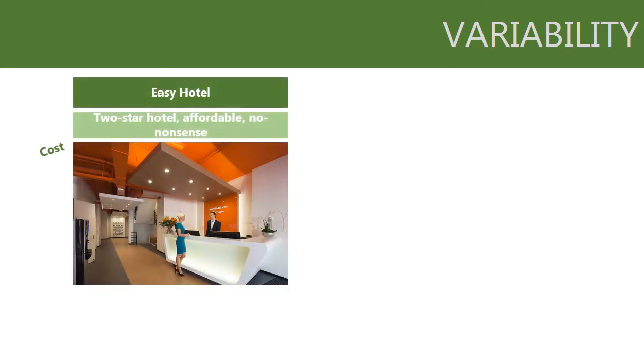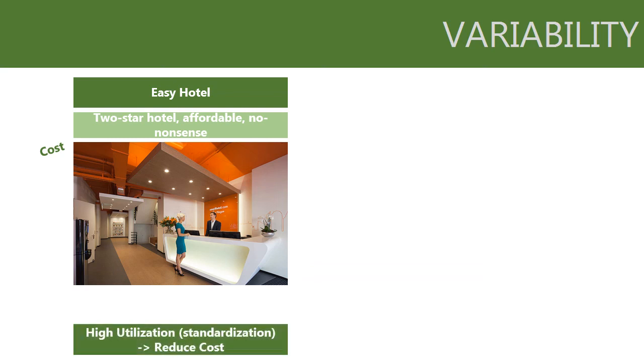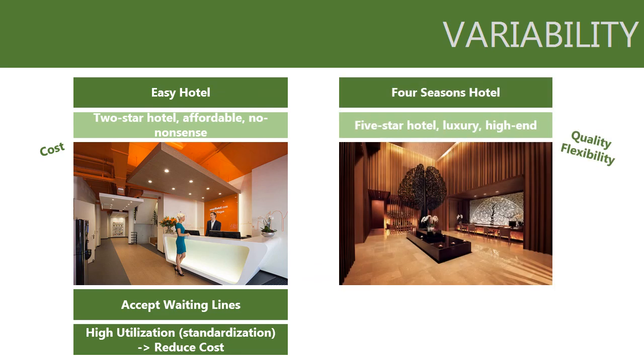To come back to the Easy Hotel, this 2-star hotel mainly focusing on cost, will most probably opt for high utilization by, for example, standardizing their processes. By doing so, they reduce costs, but they also need to accept long waiting lines. On the other hand, we have the Four Seasons Hotel, a 5-star hotel focusing on quality and flexibility.